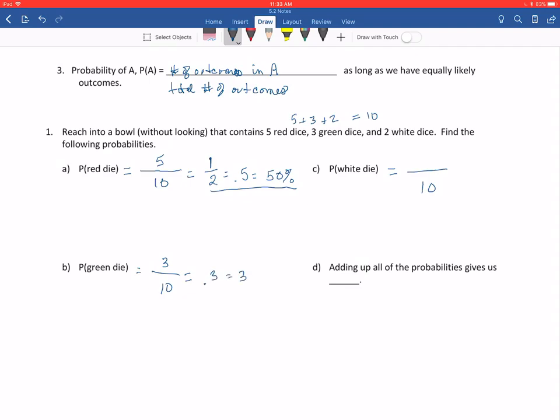Now there is no reduced form for 3/10, so I could just give it as 3/10, or as 0.3, or as 30%, all the same. The probability of choosing a white die would be 2 out of 10, which reduces to 1/5. The decimal form of that is 0.2, or 20%.